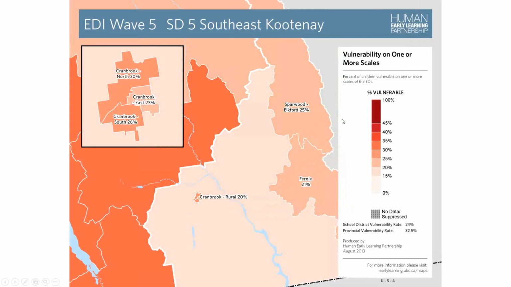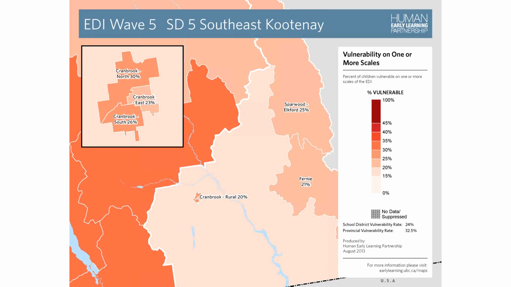So School District 5, and what you're looking at here are the overall results from Wave 5, and I'm going to show you some trends over time in a minute, but this is really as much as anything to get ourselves oriented to the neighborhoods in this part of the world. So as you can see, Fernie and Sparwood Elkford are two areas that are analyzed together.